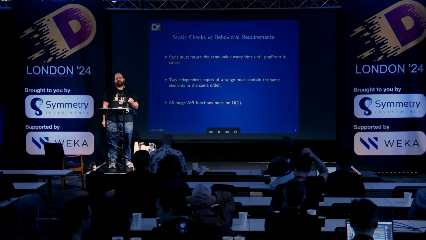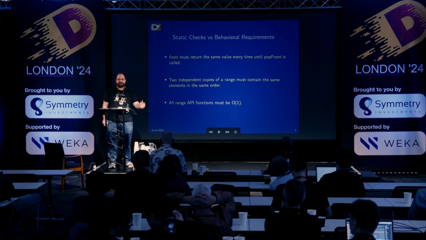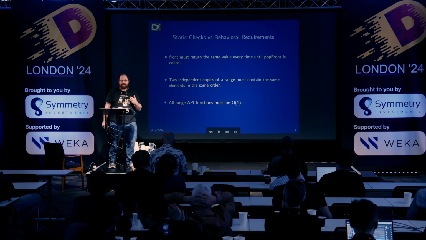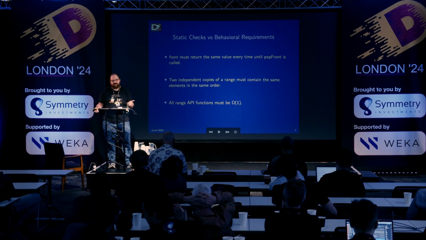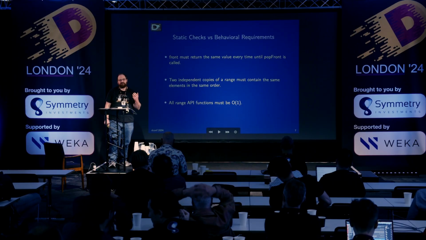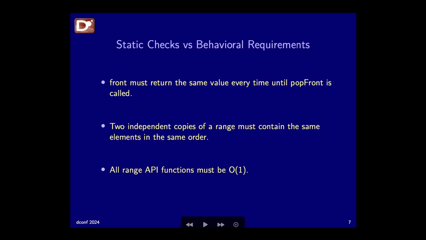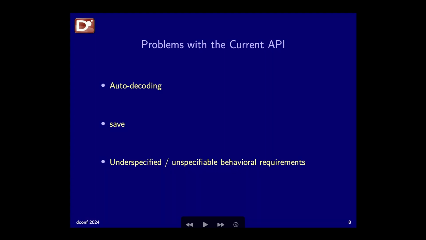So for instance, if you have a range that can only be accessed in O(1), and to get at the fifth element you have to pop through each of them, it's inappropriate to give it the random access range API because it's not going to be O(1), it's going to be inefficient, and when you use it with various algorithms, while it might actually work, the performance is going to suck. But those are things that you can't actually check with template constraints, but they're still required.